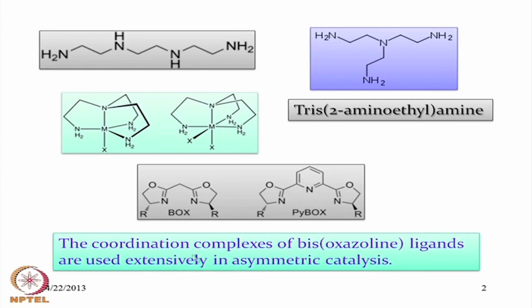So, several coordination complexes can be made with this type of ligand to see whether they are catalytically active or not. Some useful compounds of manganese or copper with bis-oxazoline ligands are extremely useful in different types of asymmetric synthesis.